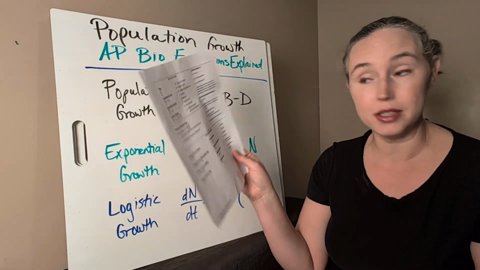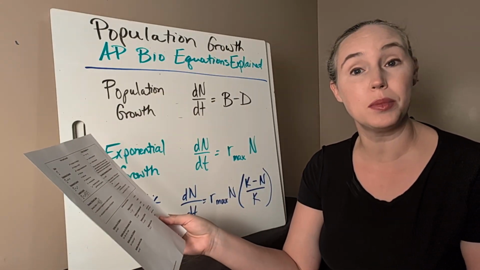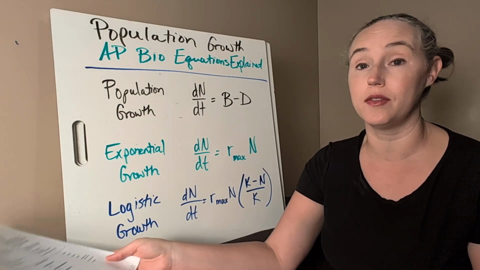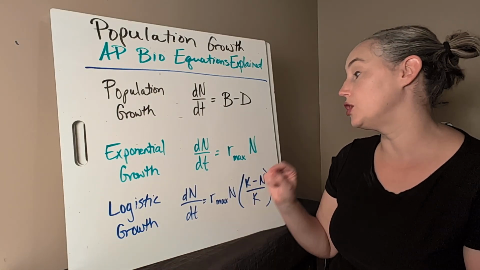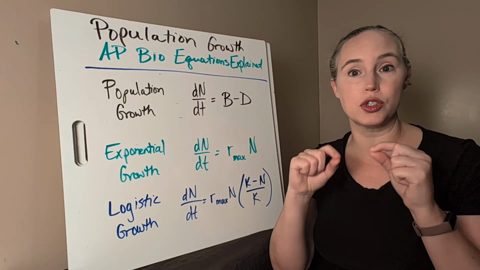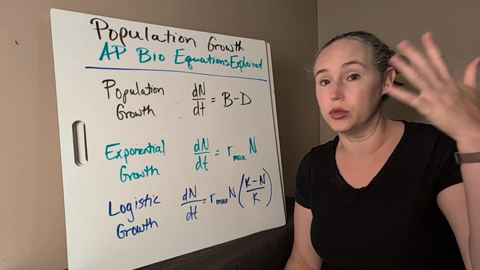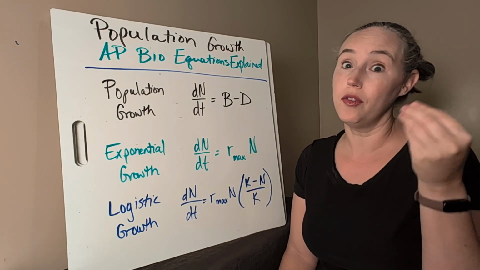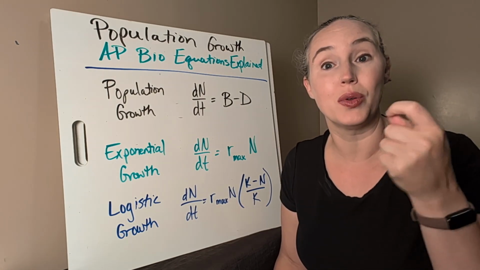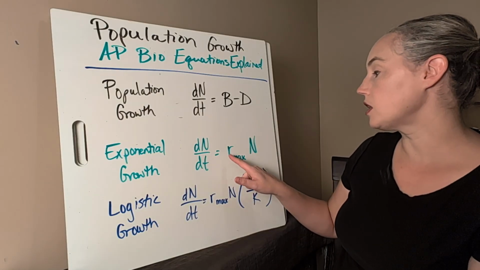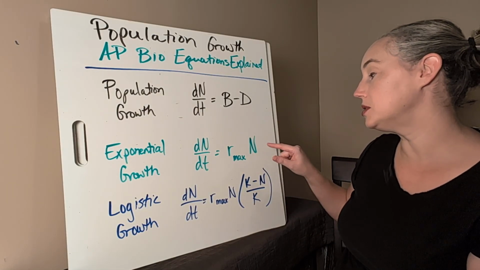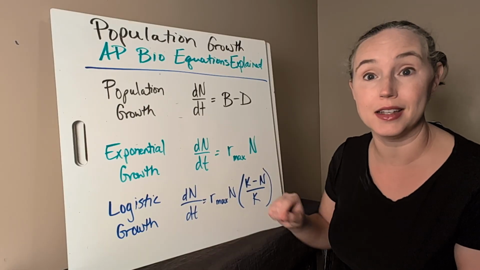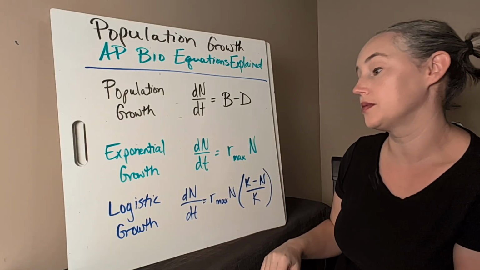Now, the formula sheet defines r max as the maximum per capita growth rate of a population. So you may see it written in a question as r max equals blank, or you may see the per capita growth rate of the population is, and you'll have to know that that's r max. So r max times N. Again, N is the population size.